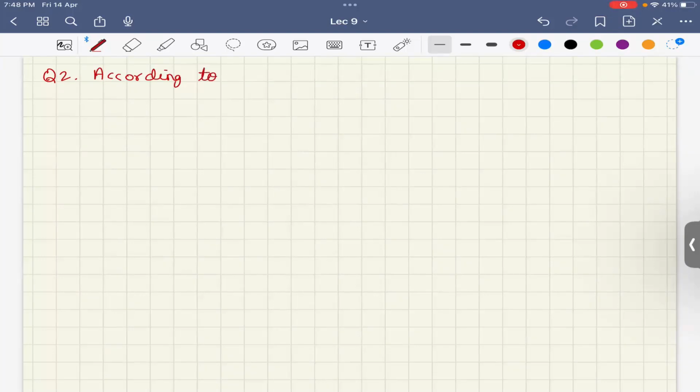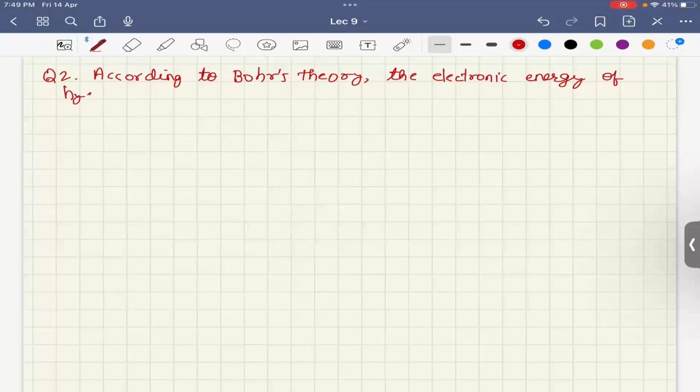According to Bohr's theory, the electronic energy of hydrogen atom in the nth Bohr orbit is given by the following expression.